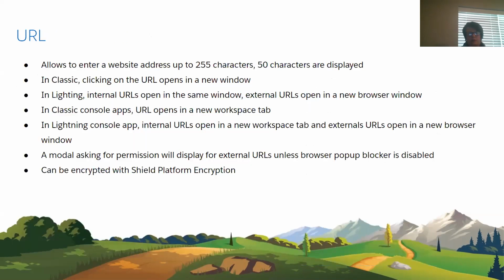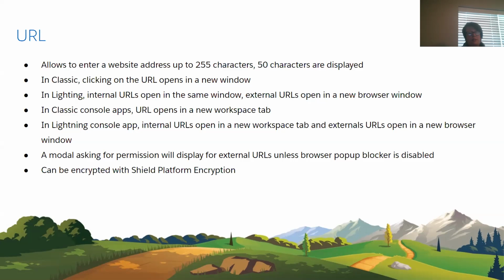Alrighty. So the last field is the URL field, which allows users to enter a website address up to 250 characters. 50 of those characters are displayed in the page layout for the user. In Classic, when you click on a URL, it opens in a new window. In Lightning, internal URLs open in the same window, but external URLs open in a new browser window.